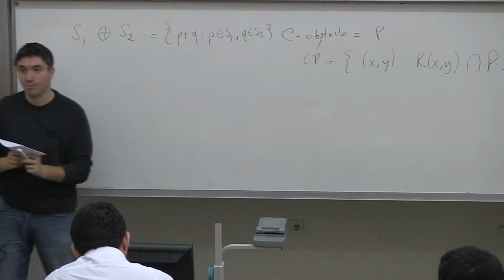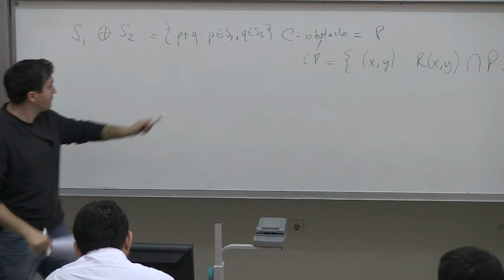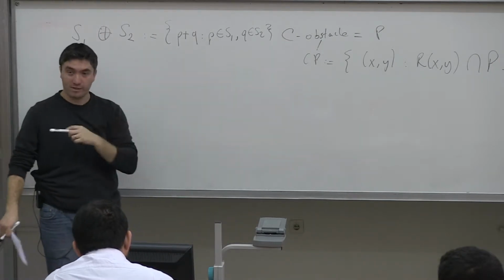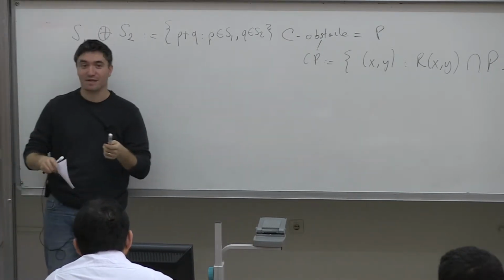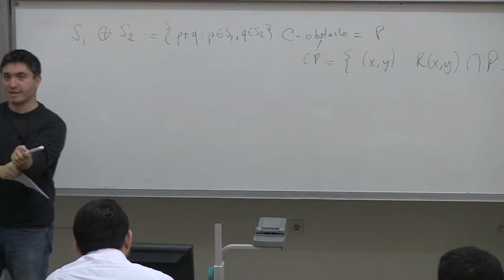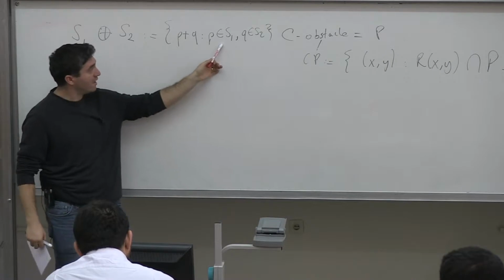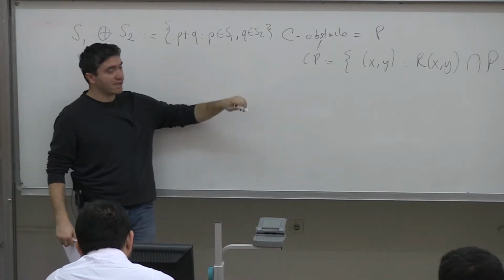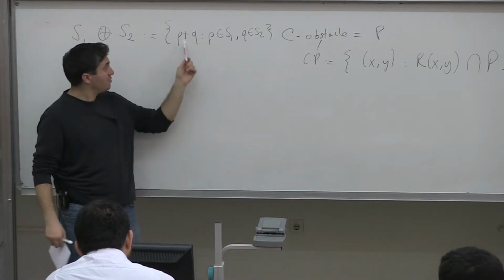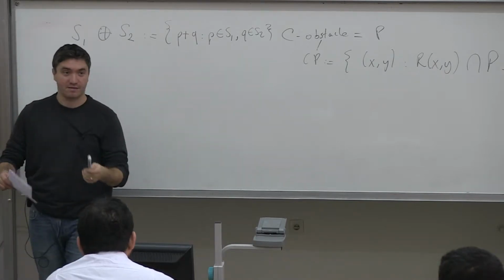It's like a Cartesian product: you take all points that belong to S1 and all points that belong to S2, and you add them up as vector addition.